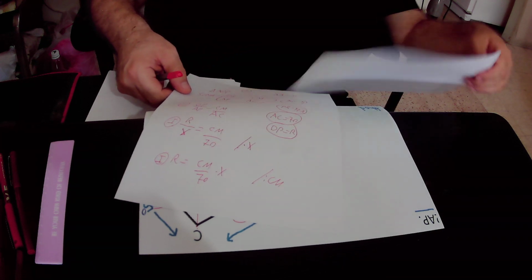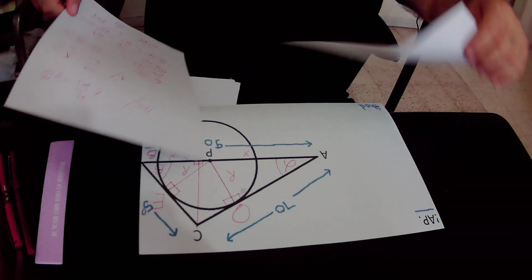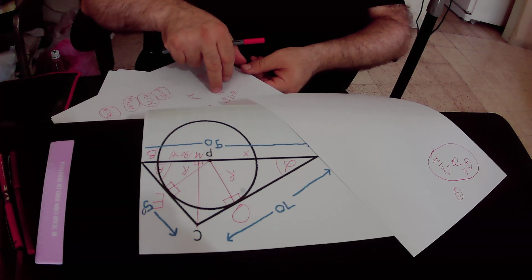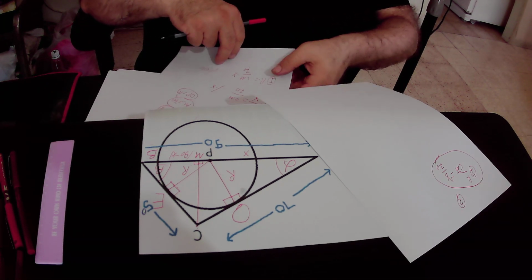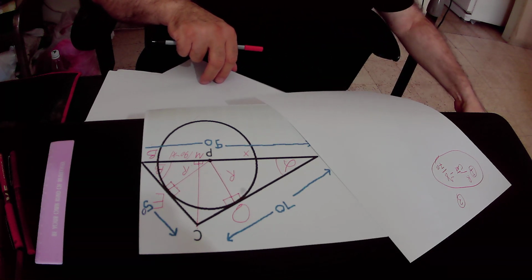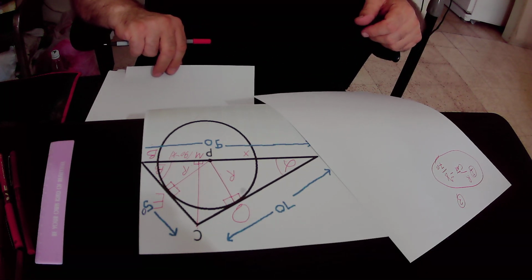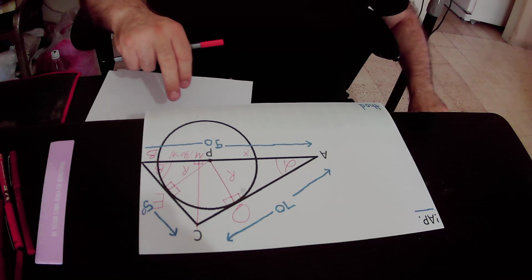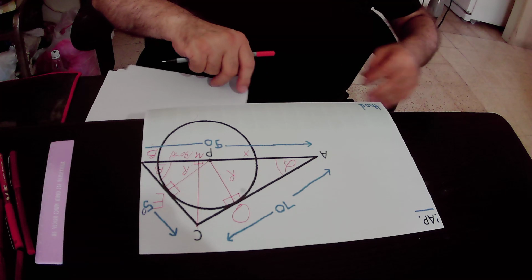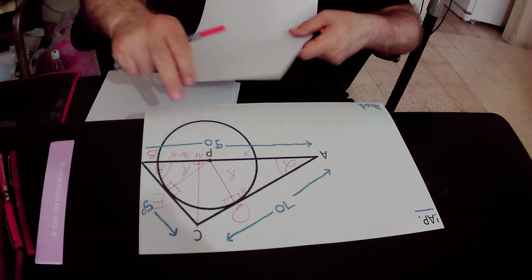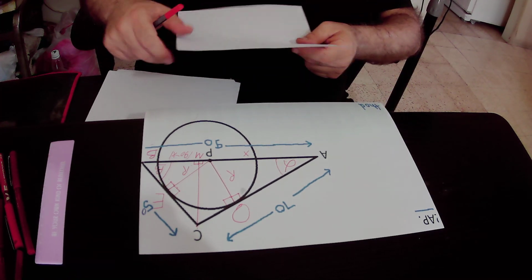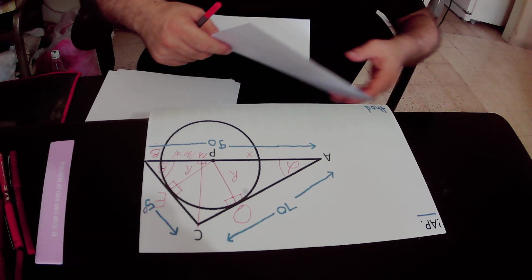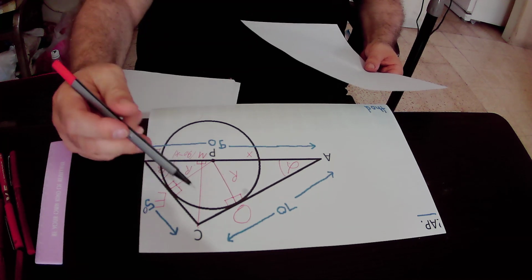Okay, now we will move to the other side. We look at sinus beta, the value of sinus beta, when we focus on two triangles.